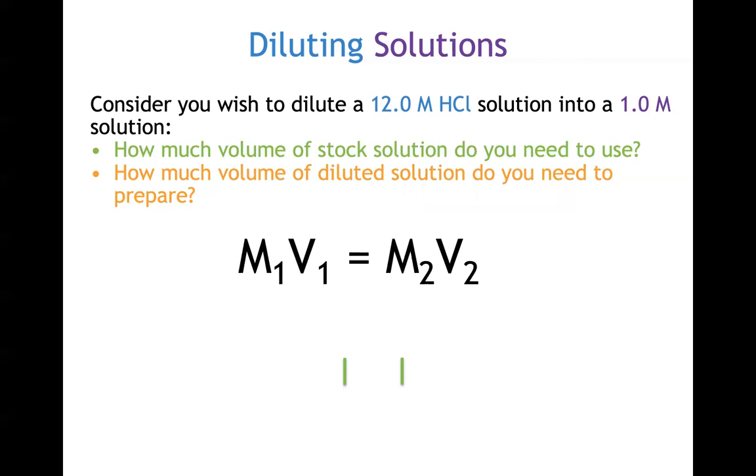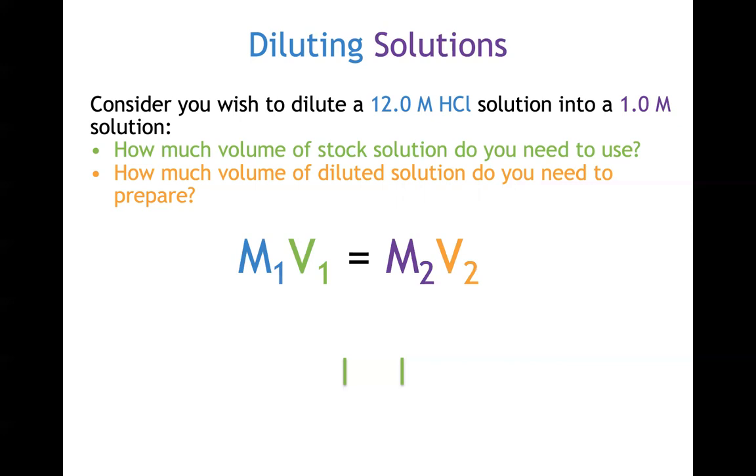Now that's one that you should know, not one that's given to you, right? Where M is molarity, which is moles of solute per liter of solution. Volume is the volume of the solution, all right? M1V1, think of it as the initial molarity times the initial volume equals the final molarity times the final volume, or M1V1 equals M2V2.